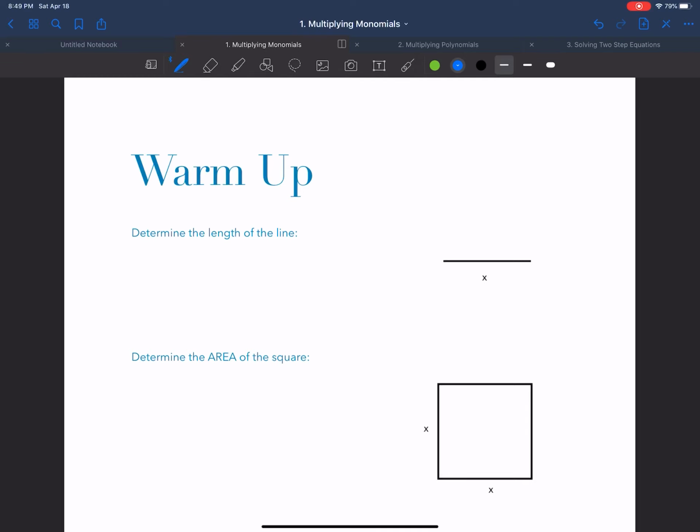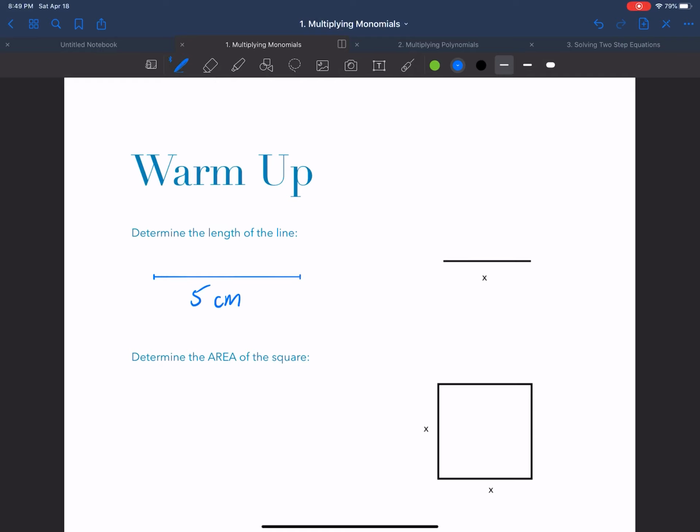So, if we're looking at the length of a line, if I drew a line, then I said, all right, that line is 5 centimeters long. Well, that's the length of the line. It's from this point to that point. It's 5 centimeters.